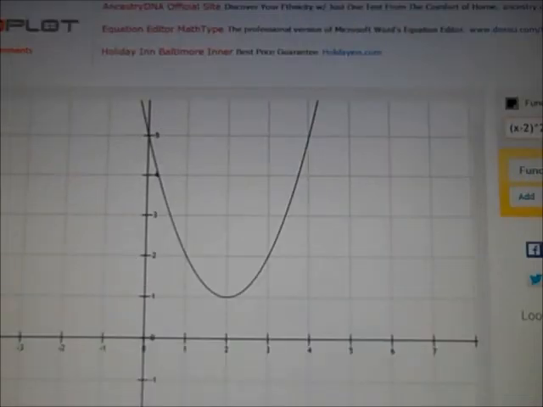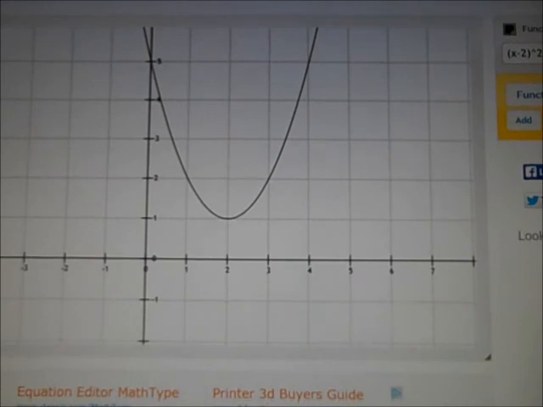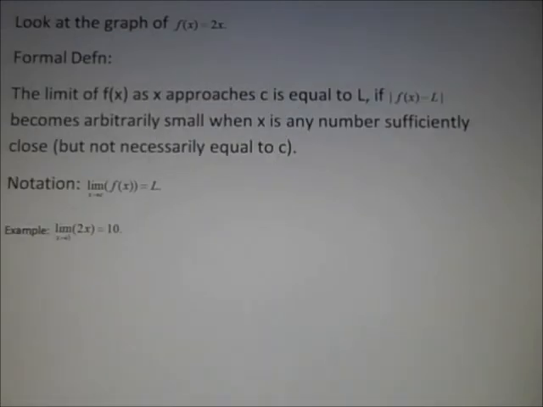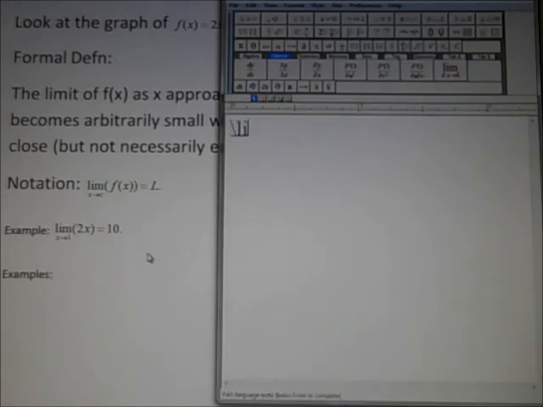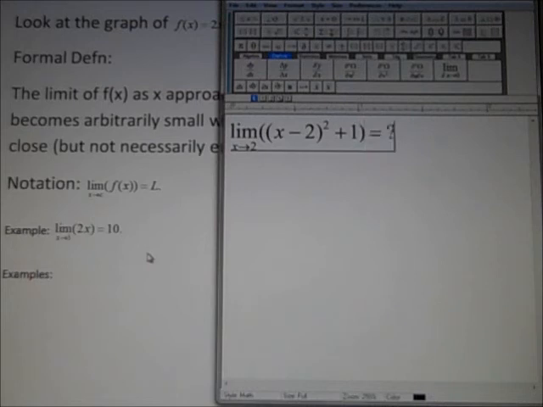So this is the graph of (x minus 2) squared plus 1. Let's do some more examples here. Let's ask the question, what's the limit as x approaches 2 of the function (x minus 2) squared plus 1? So what is that equal to?